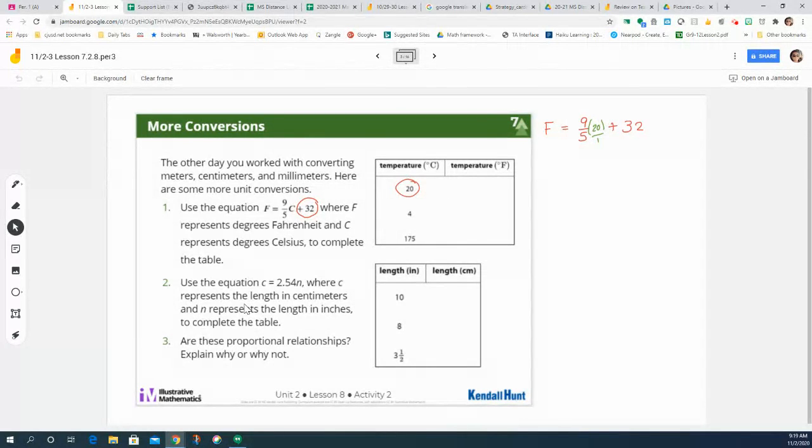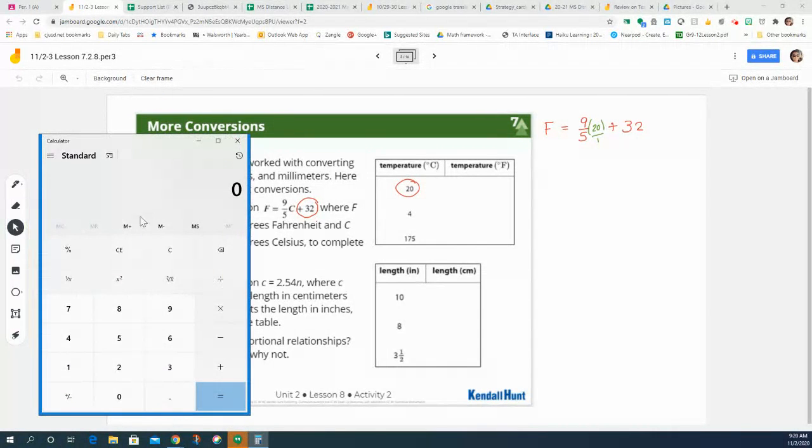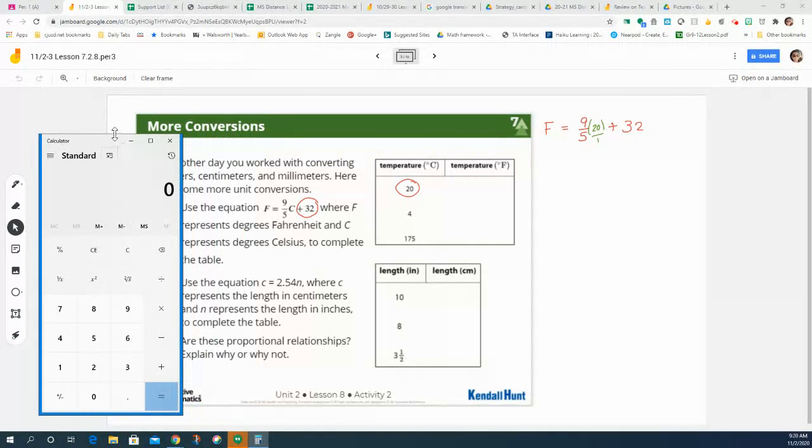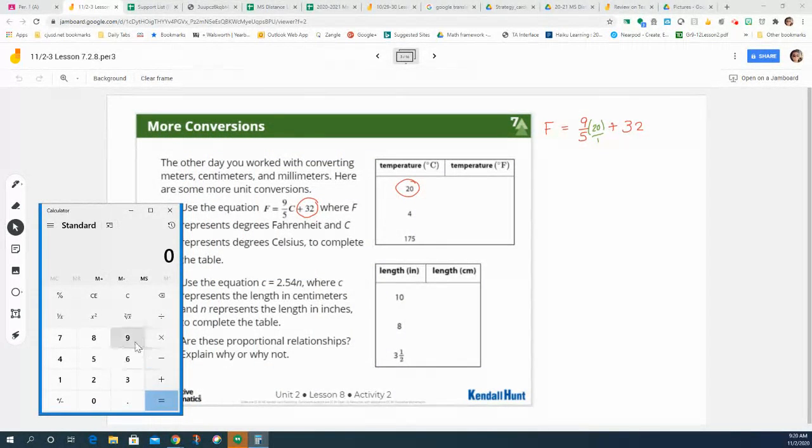Some of you may be familiar with that. Some of you may be like, oh, Miss Brooks, I need a calculator. Okie dokie. So let me do that. If we have our calculator here, 9 divided by 5 times 20, bam, 36.